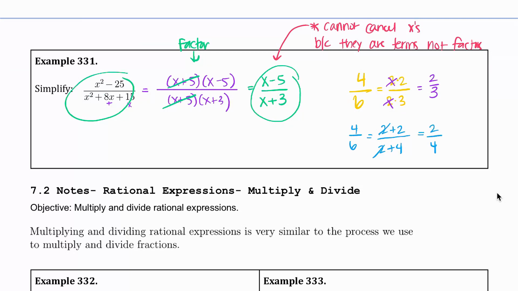Well, that says we have a 2 and a 4 left, which simplifies to be 1/2. Well, 4/6 is obviously not equivalent to 1/2. So canceling out terms and not factors is mathematically incorrect. We cannot do that. We can only cancel things that are multiplied together, not things that are added or subtracted together.